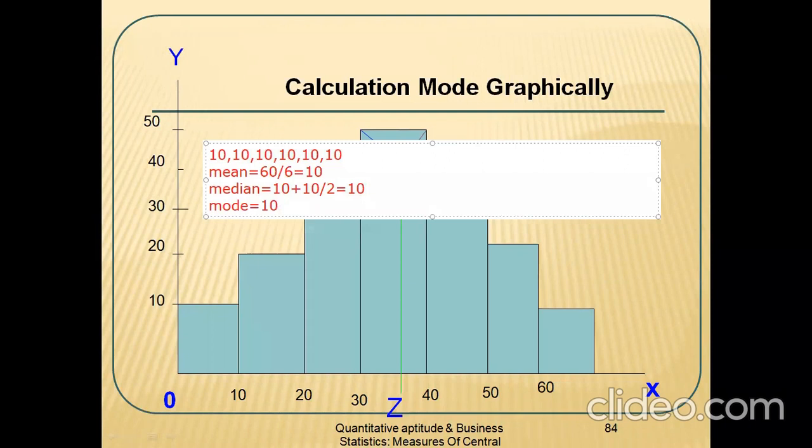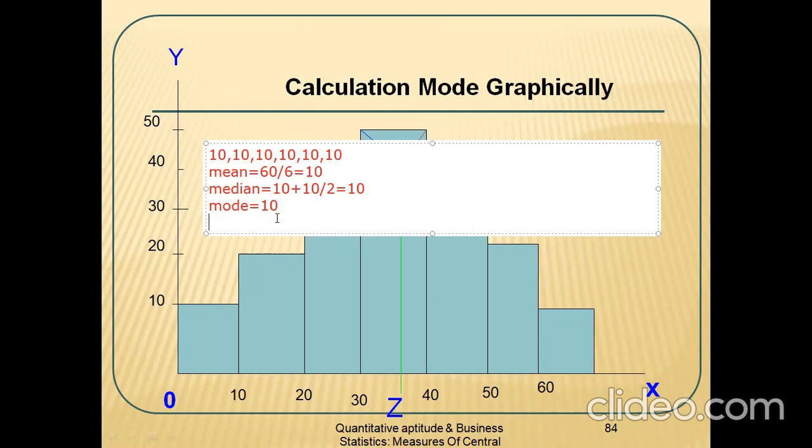In case of symmetrical distribution, mean equals median equals mode. In case of symmetrical distribution, mean is always equal to median, that is always equal to mode. In other words, if there is equal variation, then we can consider that mean, median and mode will be the same in nature.